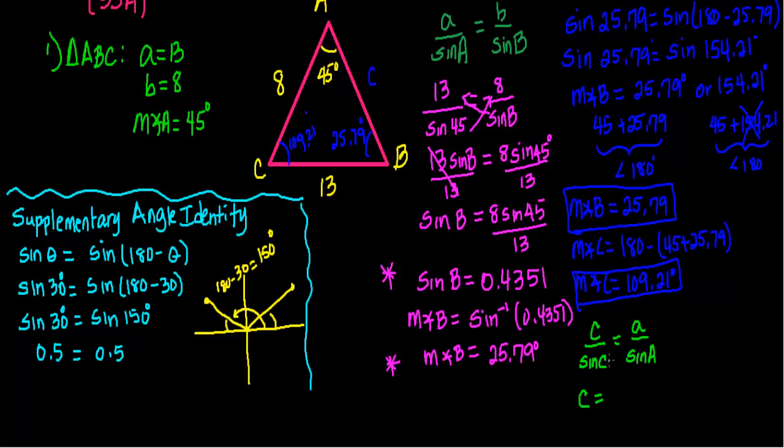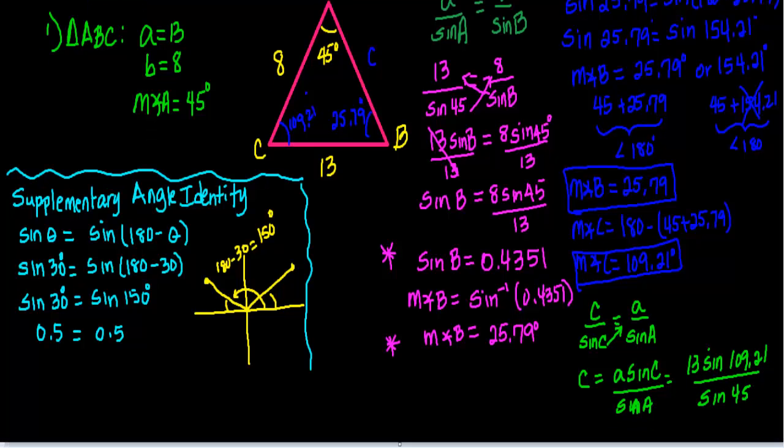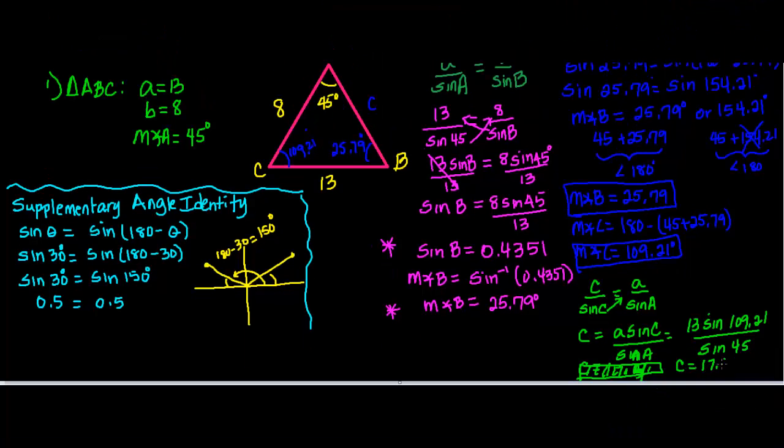So C will be equal, if we cross multiply here, to A sine of C over sine of A. And if we substitute values, A is 13, sine of C will be the sine of 109.21 divided by the sine of 45. And C will give you, C is equal to 17.4. Okay? And there you have all your values. 17.4.